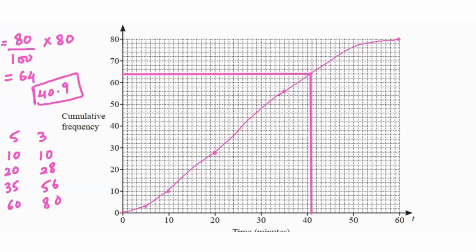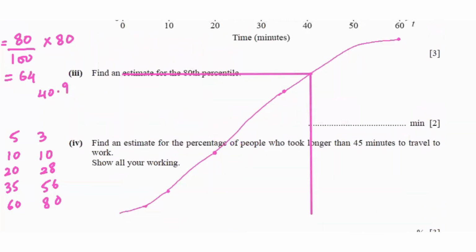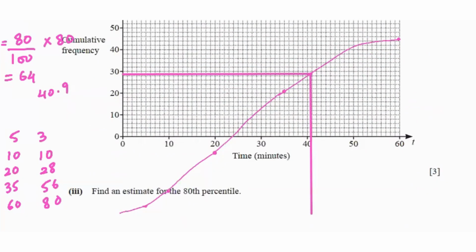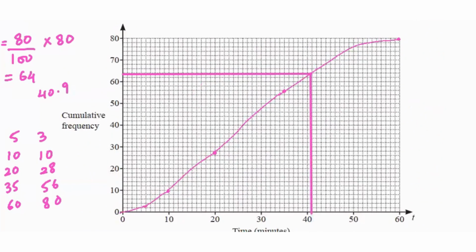Then it says find an estimate for the percentage of people who took longer than 45 minutes to travel to work. Longer than 45 minutes.